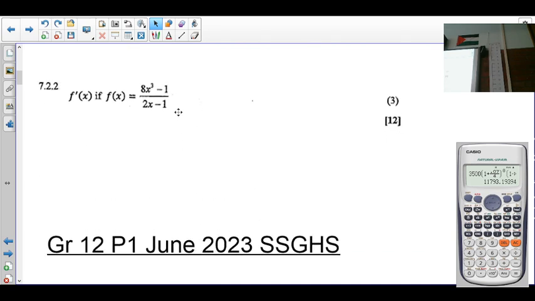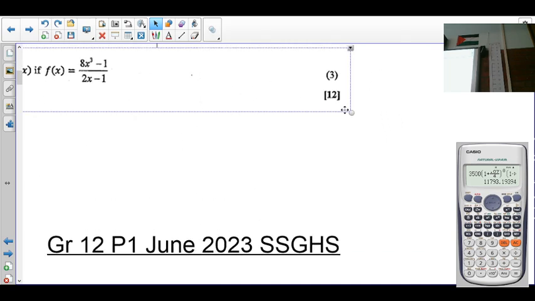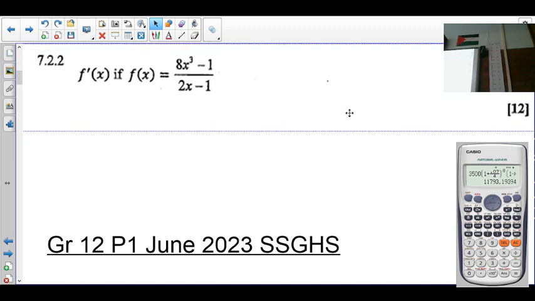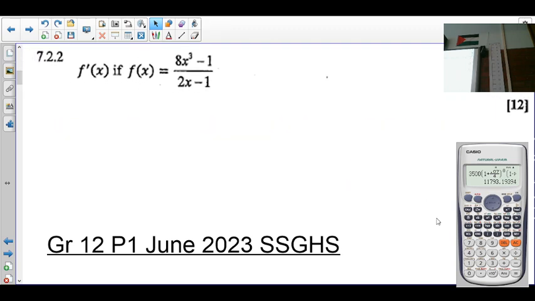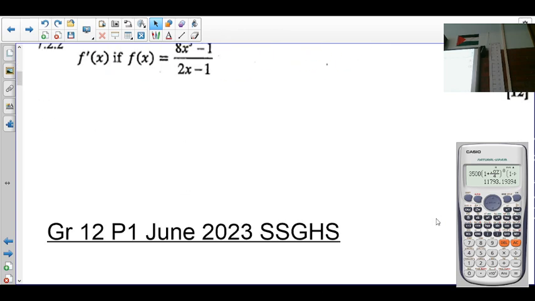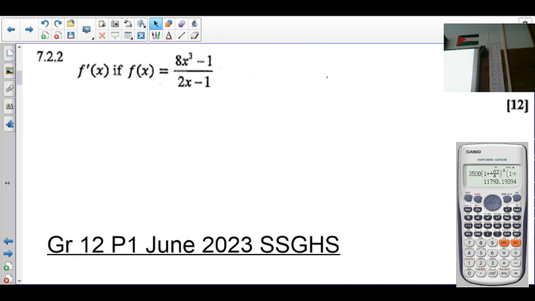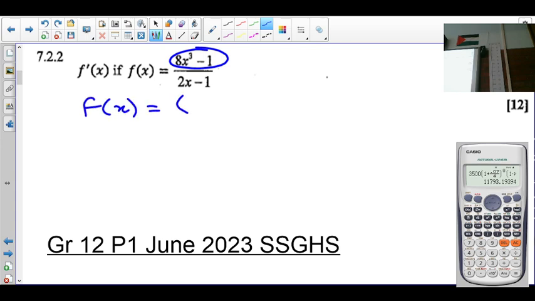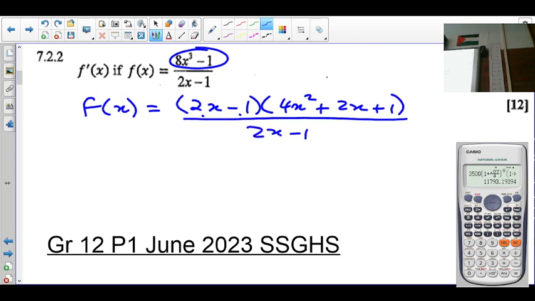Okay, in 7.2.2, we are given f prime x is equal to, what did I write? Did I write dy dx? As you can see here, it's a cubic factorization. So f of x is equal to 2x minus 1 squared, the first term is 4x squared, that times that gives you 2x, plus the last term squared, over 2x minus 1.